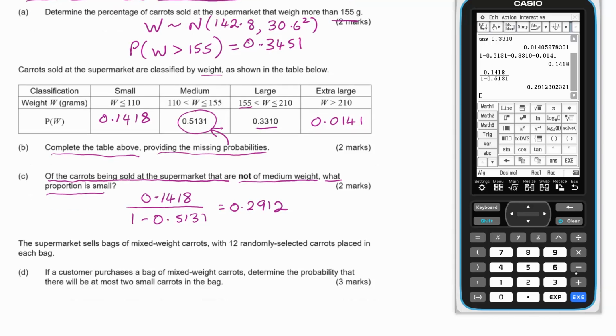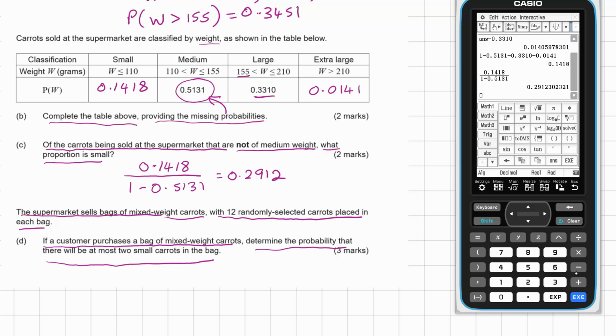Finally, the supermarket sells bags of mixed weight carrots with 12 randomly selected carrots placed in each bag. If a customer purchases a bag of mixed weight carrots, determine the probability there will be at most 2 small carrots in the bag.